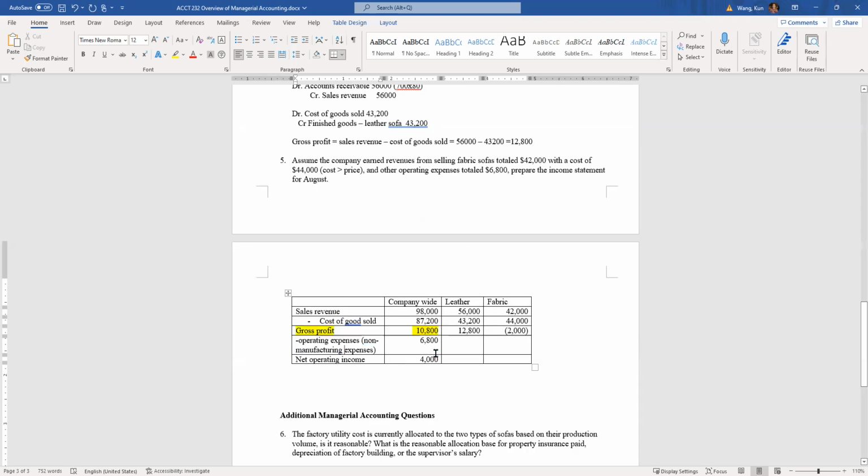It's given by the question, 6,800. So we can also make a combo journal entry for this 6,800, but I'm skipping that, just to focus on the calculation of the net operating income. So in this case, it's 4,000 before considering any income tax effect.